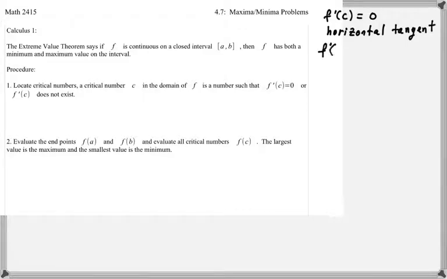If f prime of c doesn't exist, but the function is defined at c, then we could have a corner, a cusp, or a vertical tangent.